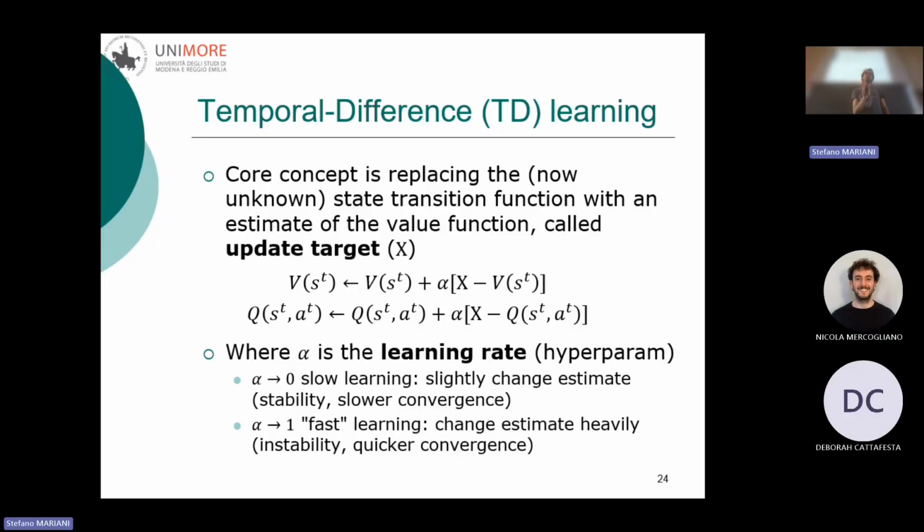Let's try to put it this way. How much do I change my current policy, so let's say my current Q values, depending on my current experience, so the reward I got in this time step. Do I change them a lot?